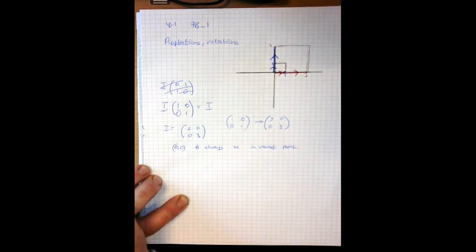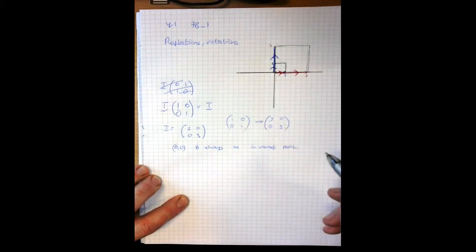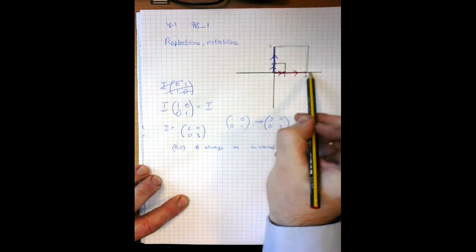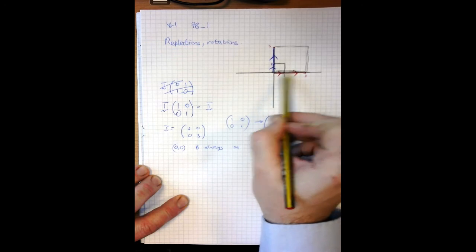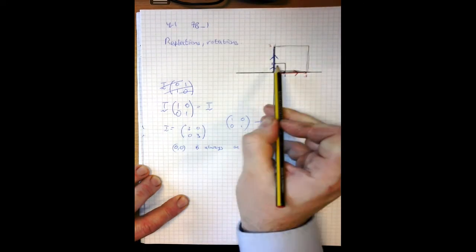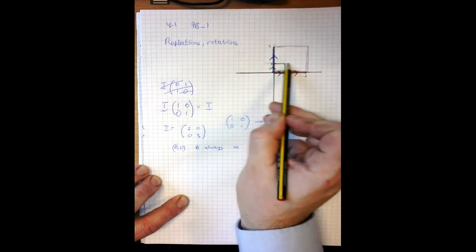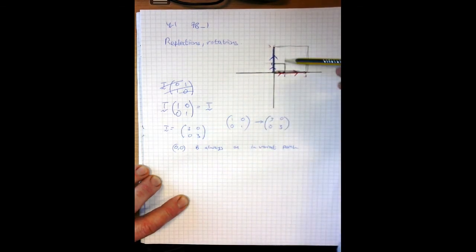We also have some invariant lines here. If you think about that line, that hasn't changed. That's y equals 0. That line hasn't changed. That's x equals 0. The line at the top of the square there, that has changed. That's not an invariant line. The line at the side of the square there, that has changed. That's not an invariant line.